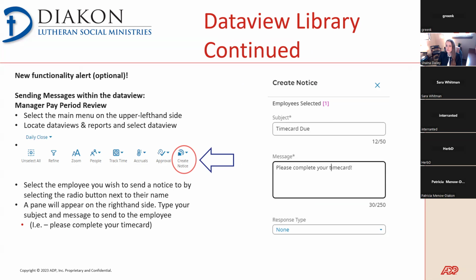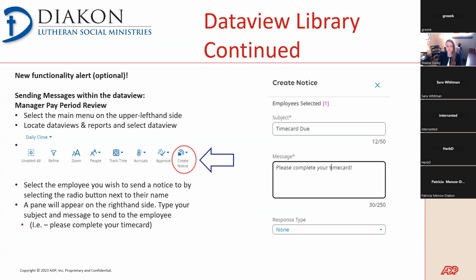One feature that I think we're going to find useful, and I can see us probably even using it on our payroll side, is that we have this alert option or a notice option. This can be customized for you to send to all your staff, or if you just want one or two employees. It'd be great to use if you're in the middle of reviewing, like that prior screen I showed where you're in the data view library and you notice John Smith never put any hours in.